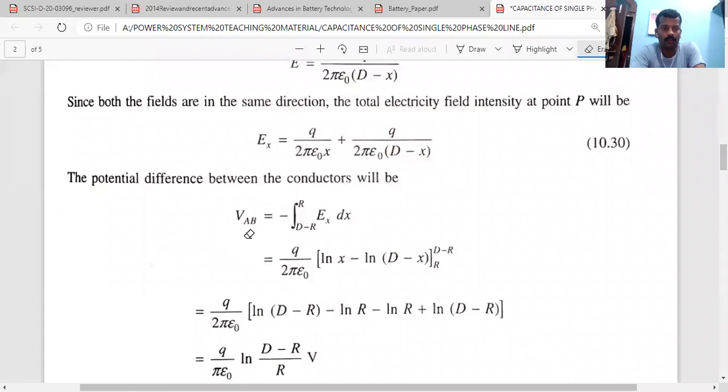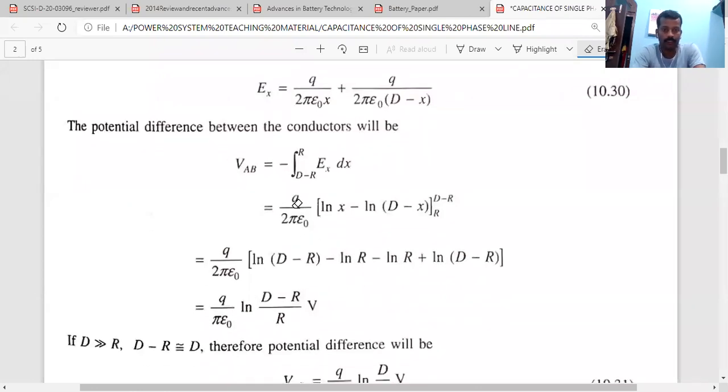Okay. Now the voltage across A and B will be simply minus the integral from d minus r to r of Ex dx. Why is there a minus here? Because charge moves opposite to the electric field, due to which it will be negative. Now after integration we get q upon 2 pi epsilon, which is a constant, and here will be 1 by x plus 1 by (d minus x).